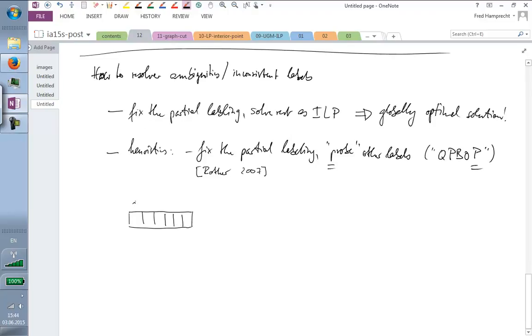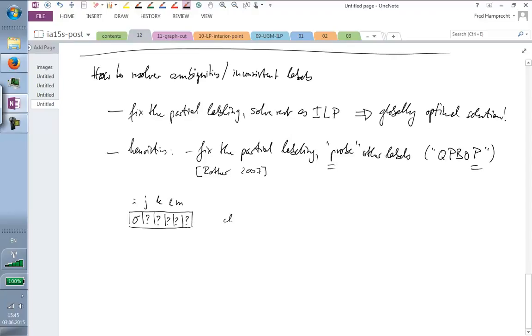These are now a couple of nodes in a one-dimensional graphical model. I only need 5 boxes actually. Let's say for the first one I found a partial labeling, namely this should be in state 0, and for the others I was undecided. Now I can do two things.